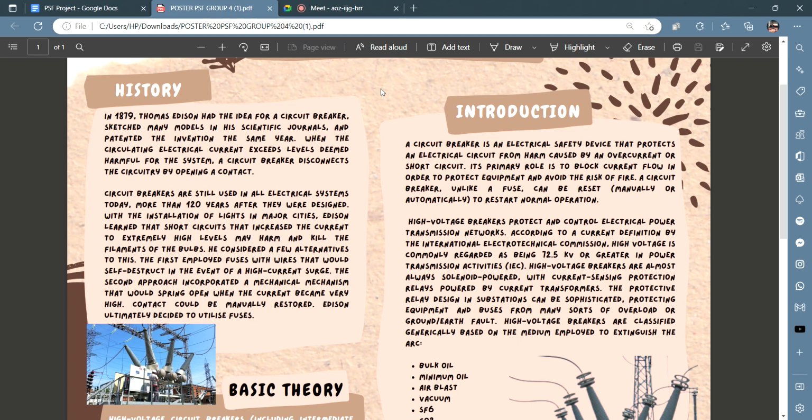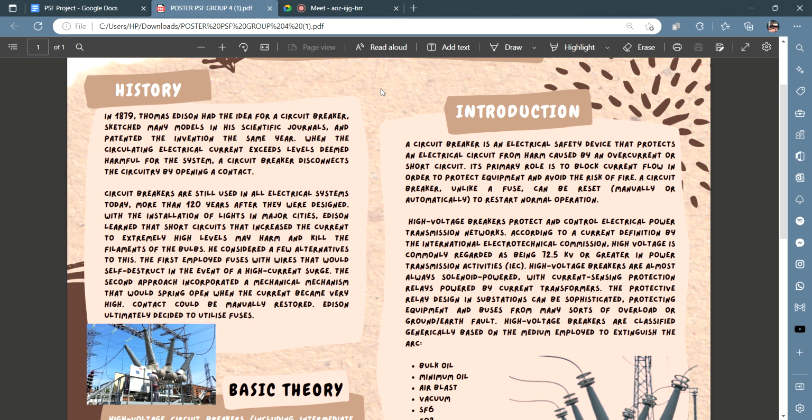A circuit breaker disconnects the circuit by opening a contact. Circuit breakers are still used in all electrical systems today, more than 120 years after they were designed. With the installation of light in major cities, Edison learned that short circuits that increase the current to extremely high levels may harm and kill the filament of the bulbs.